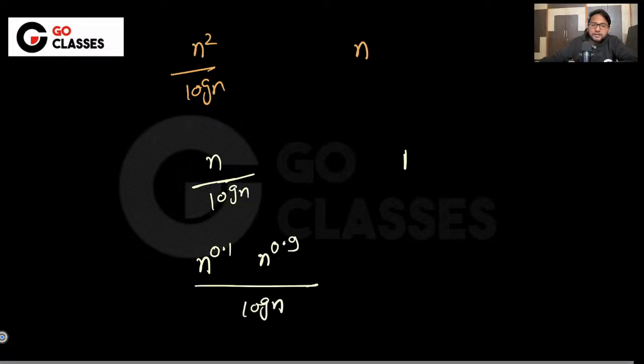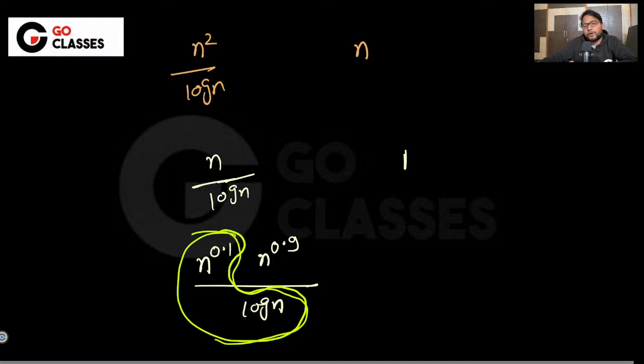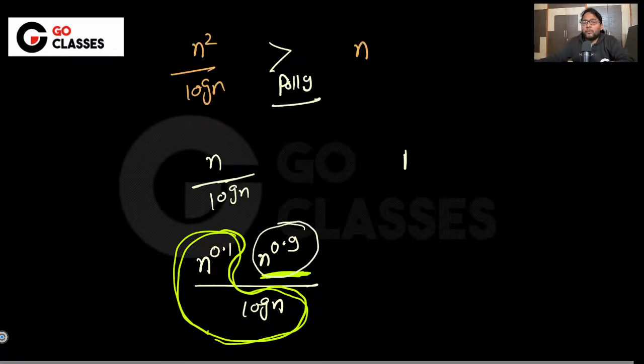This log n can be handled by n to the power 0.1. Basically there will be n to the power something by which it is greater, so you will say it is also polynomially greater. Why? Because there is some n to the power something that will remain by which it is greater.